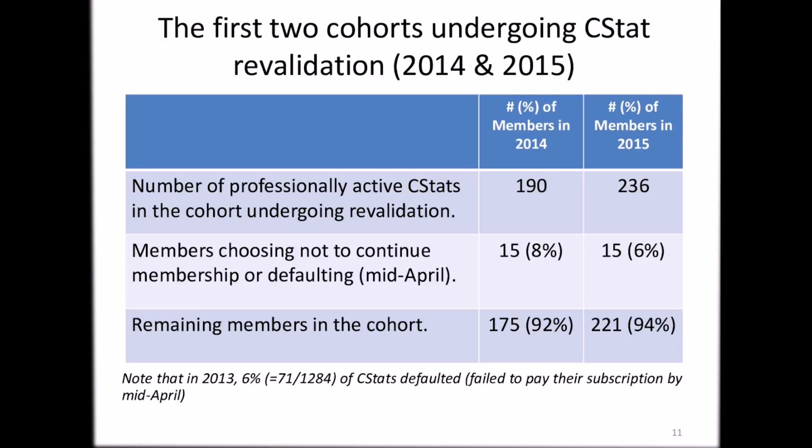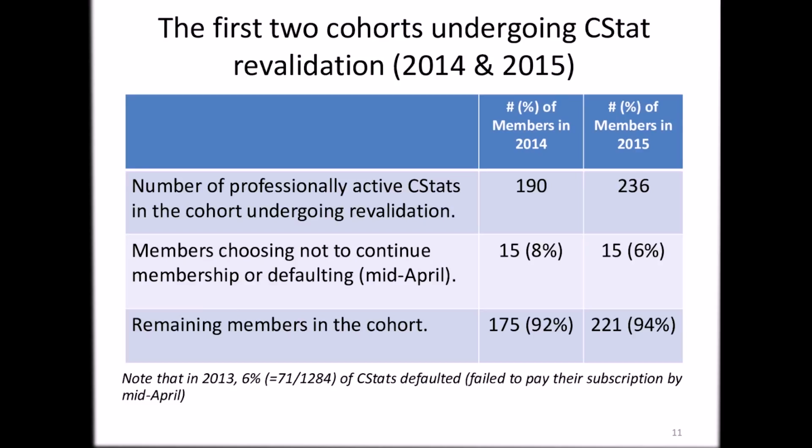And it should be noticed that the introduction of revalidation has not led to an increase in the number of CStats defaulting at this stage. You'll see as a footnote to the slide the situation in 2013, where again 6% of CStats defaulted, that is, failed to pay their subscription by mid-April.